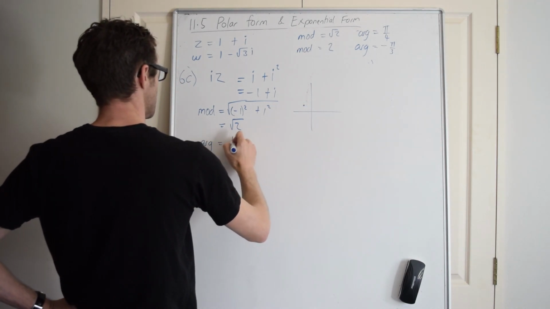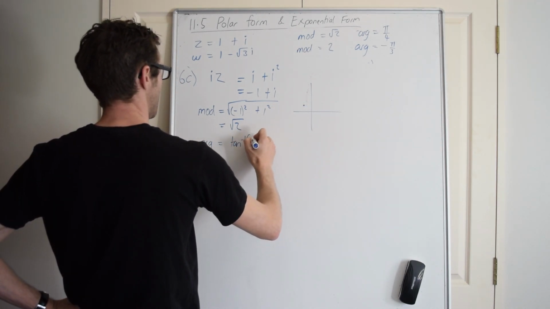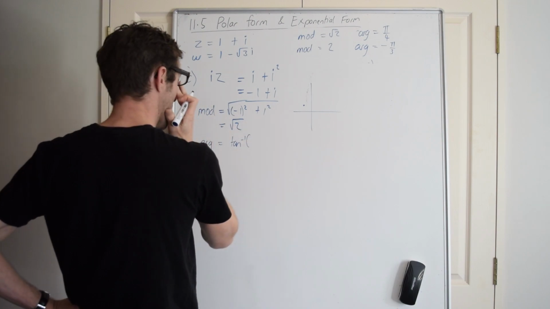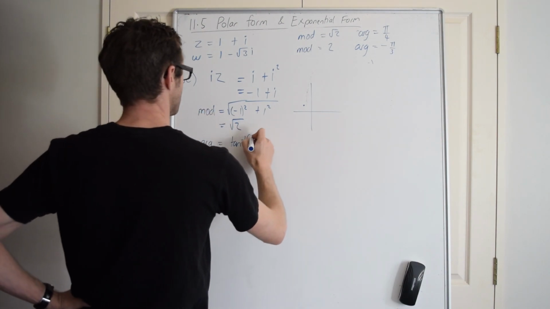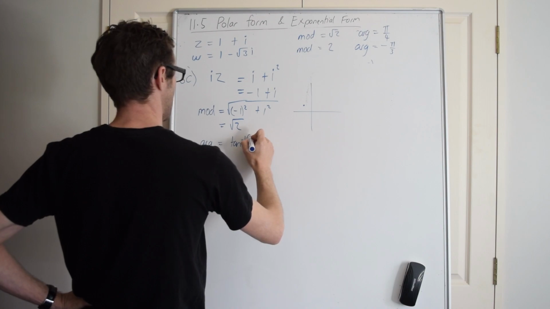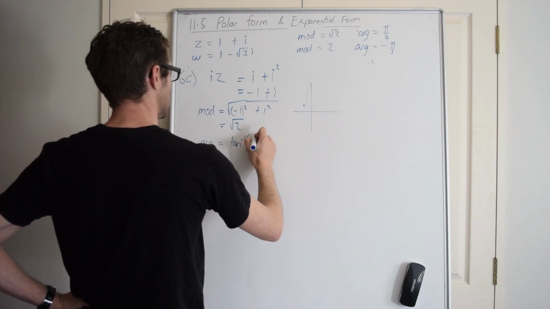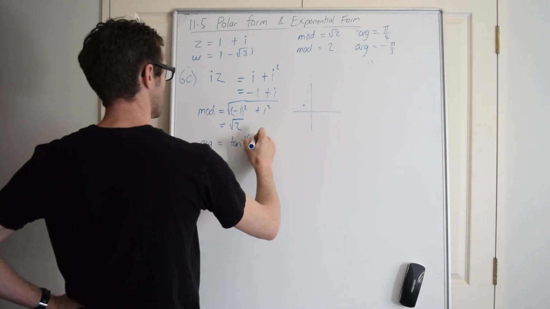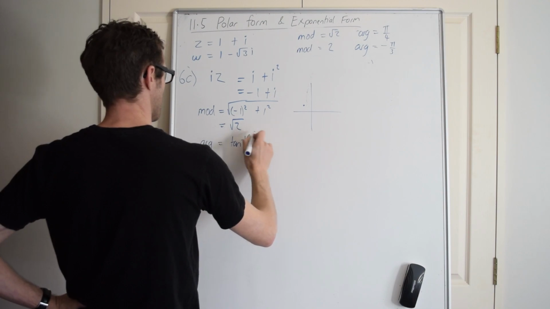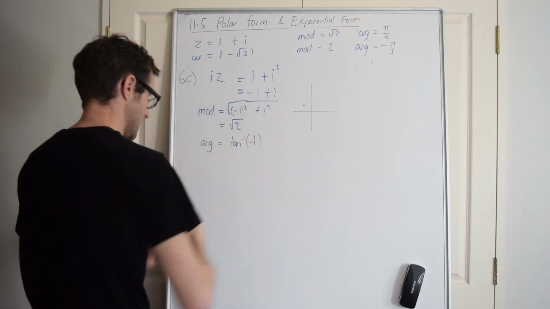So it's going to be the inverse tan of positive 1 over minus 1, which is minus 1 anyway.